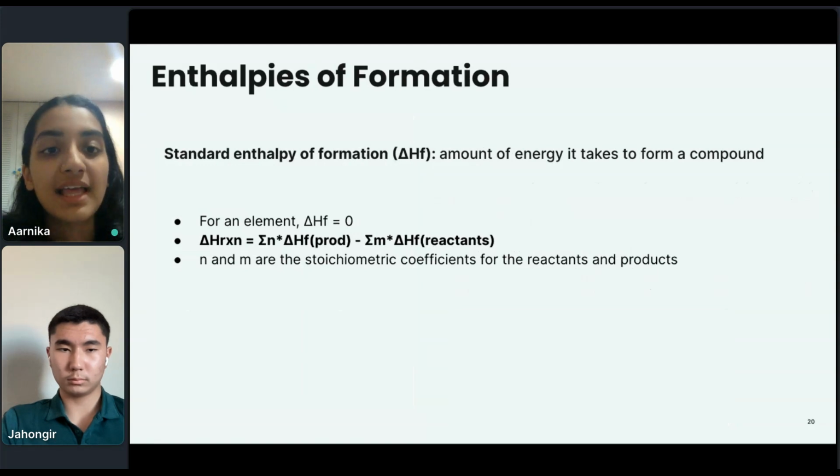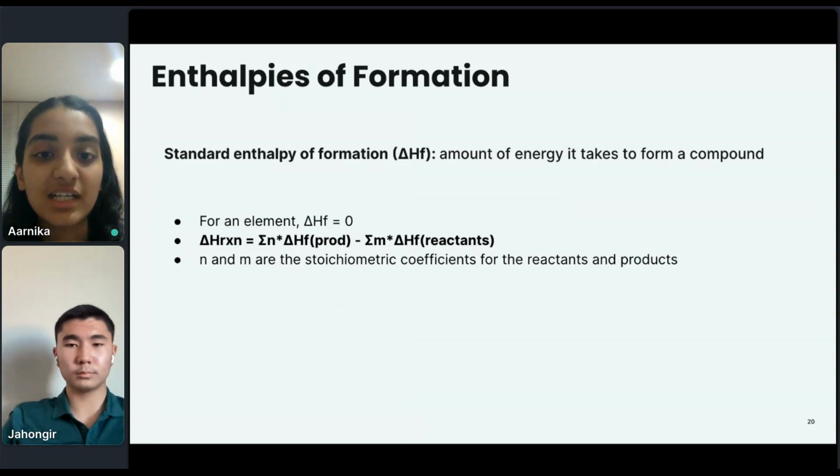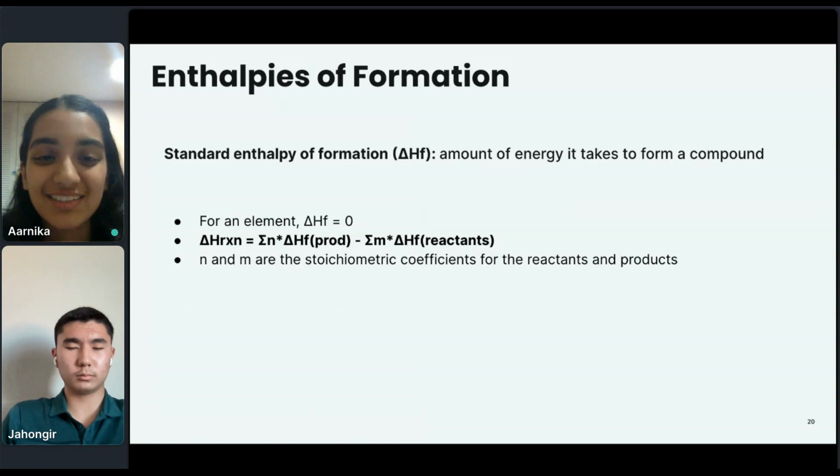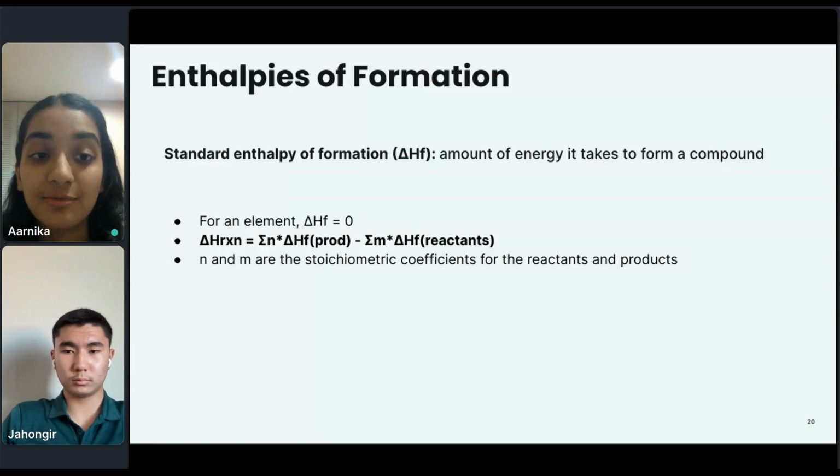All right, so for the enthalpies of formation, the standard enthalpy of formation, which is the delta HF, is basically the amount of energy it takes to form a compound. Like I said before, this is easily confused with the enthalpy of reaction, but for this one, H reaction is equal to the summation of N times delta HF of the products minus the summation of M times delta HF of the reactants.